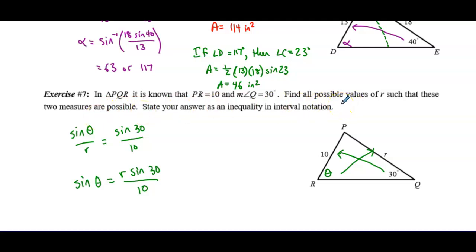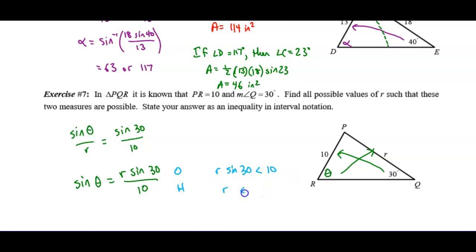All right, so what could I have where the triangle exists? Well, if I'm looking at sine theta equals this ratio, because of sine being opposite over hypotenuse, then I know that R sine 30 has to be less than 10. Because if it's equal to 10, I don't have a triangle. If it's more than 10, I don't have a triangle. Has to be less than 10.